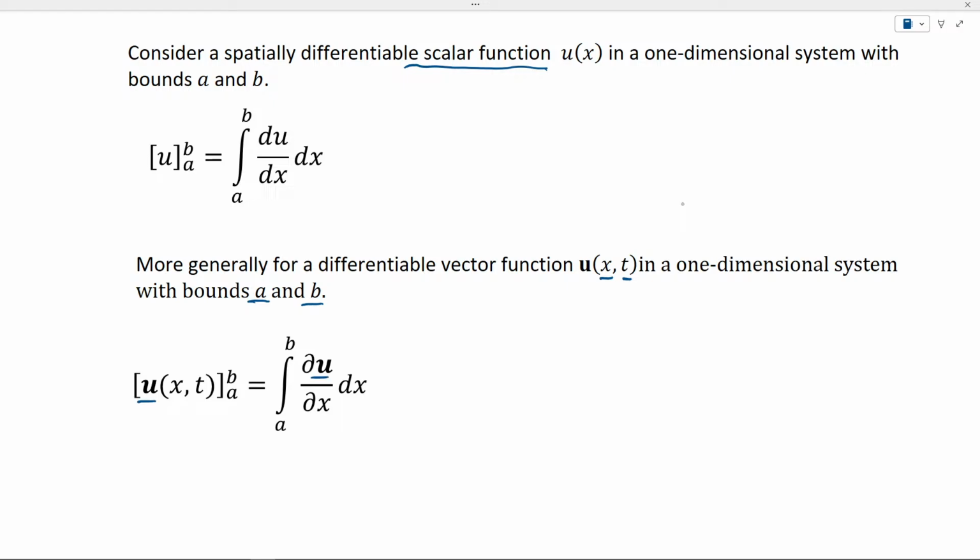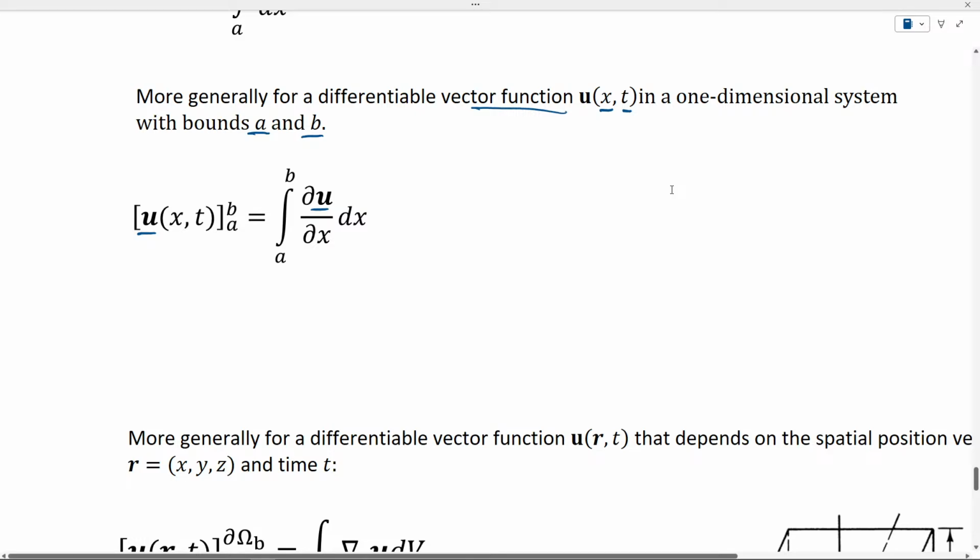Do you agree? It has two variables, and it would look something like this. This would be a one-dimensional system, for example, that is changing with time.